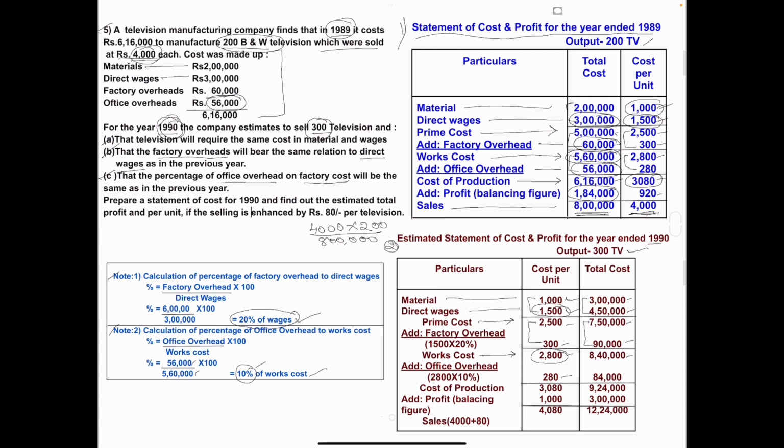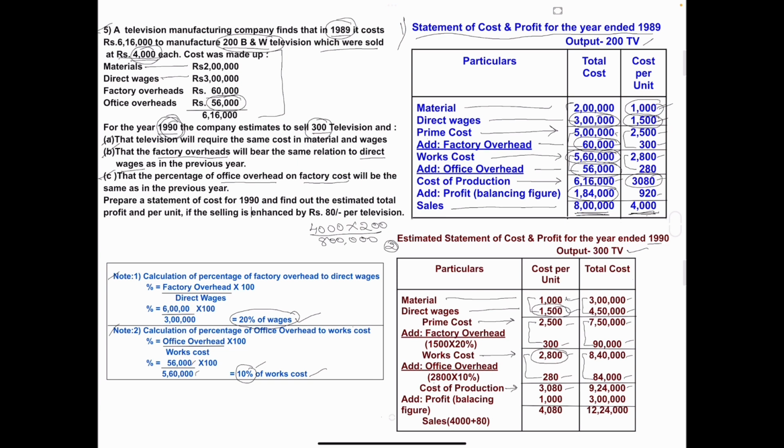For total cost, 280 into 300, we will get 84,000. Add these two, 2,800 plus 280, total is 3,080. And 8,40,000 plus 84,000, total is 9,24,000, and this is called cost of production.